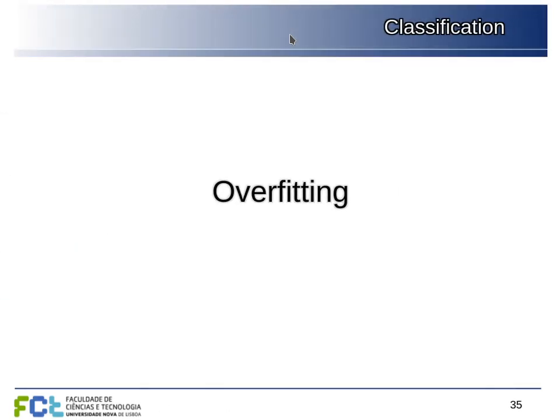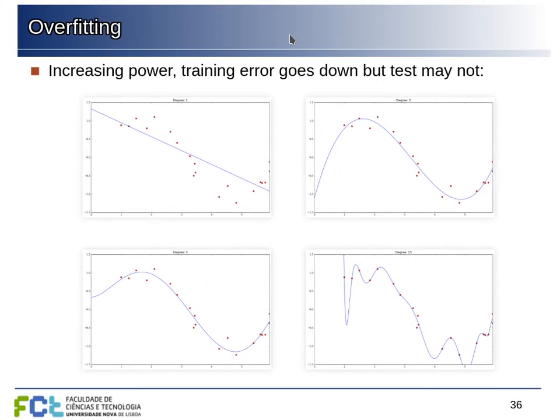Okay, so how can we use this to solve the overfitting problem? We saw, for example, with regression using polynomials, that increasing the power of these models, so using polynomials of higher degree, allows us to fit the curve increasingly better to the training data.